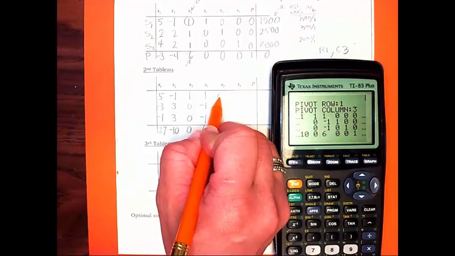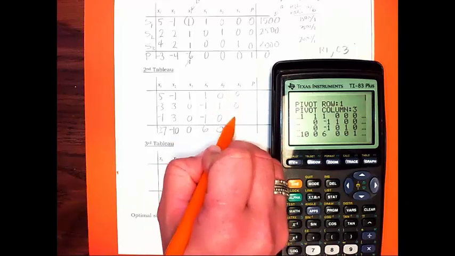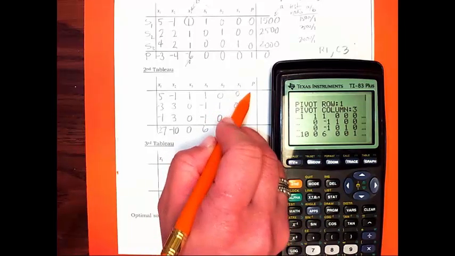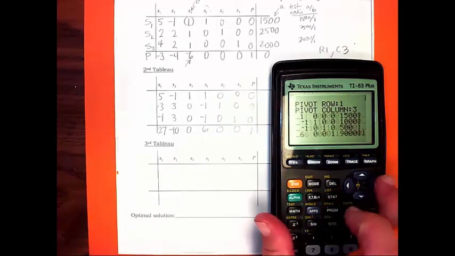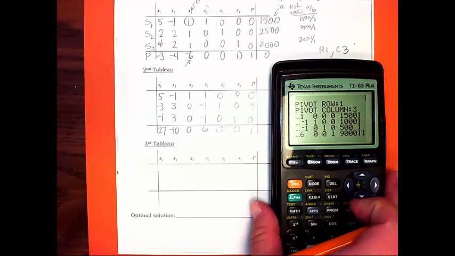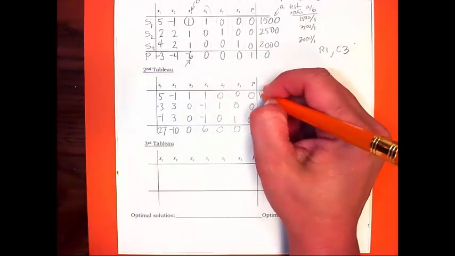We've got a unit column for S2, a unit column for S3, and a unit column for P. And then I'm going to arrow over to get my constants. We've got 1,500, 1,000, 500, and 9,000.